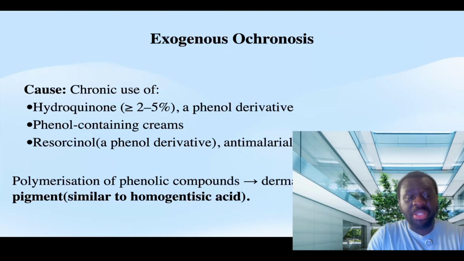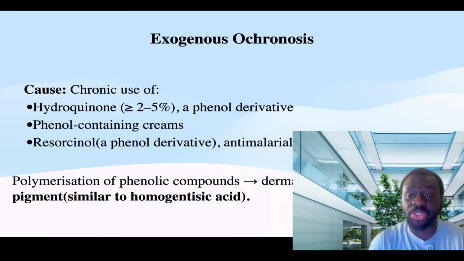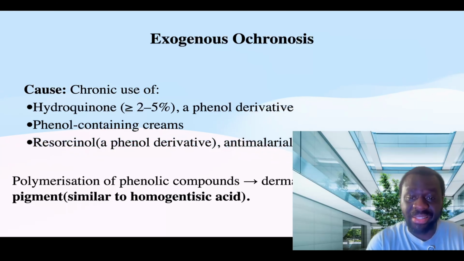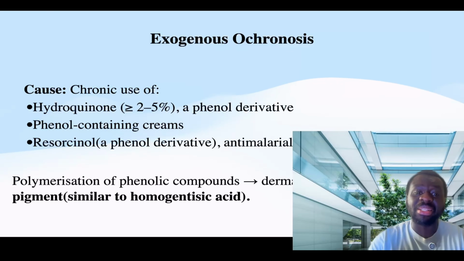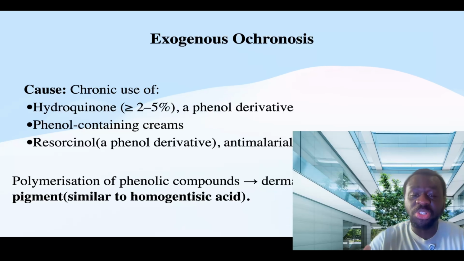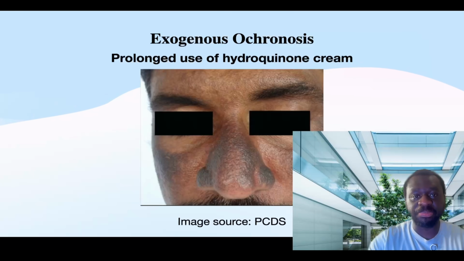What happens typically is that there is polymerization of these phenolic compounds, which leads to the deposition of these ochronotic pigments at the dermal layer of the skin. And these ochronotic pigments are similar in structure to homogentisic acid.